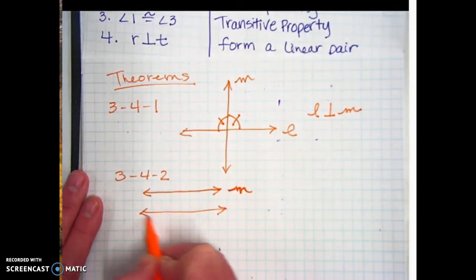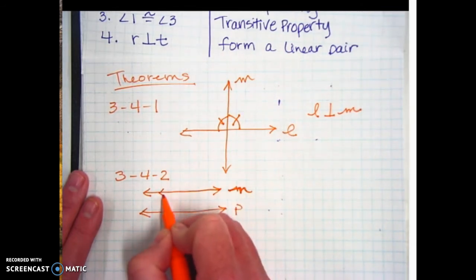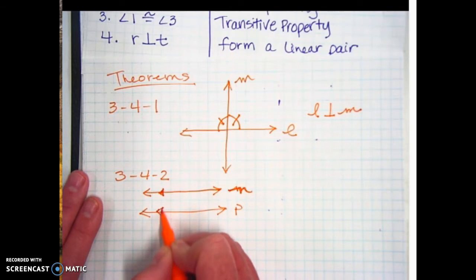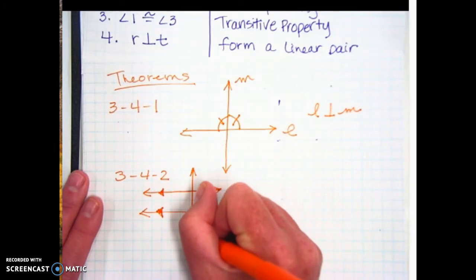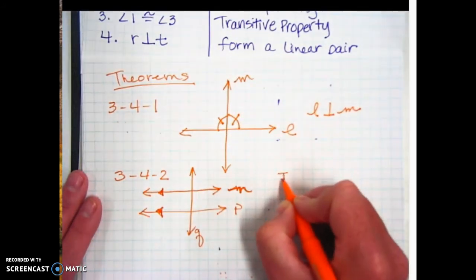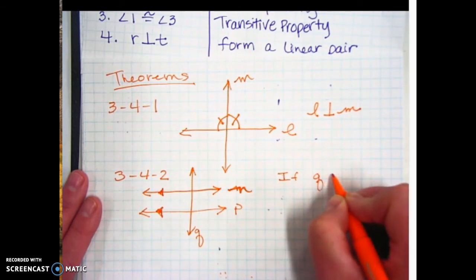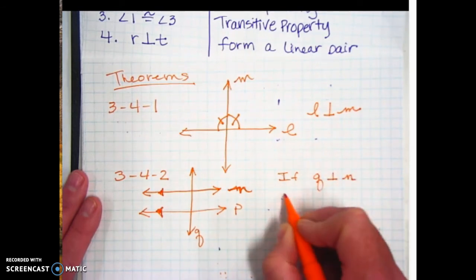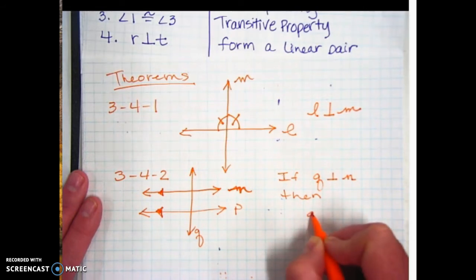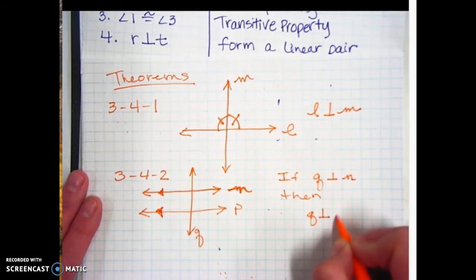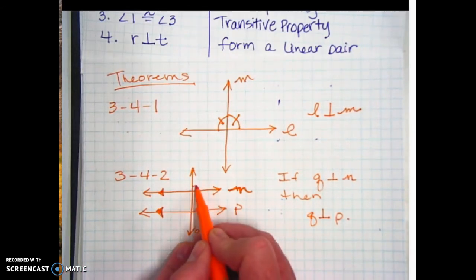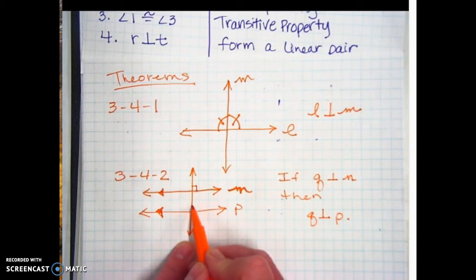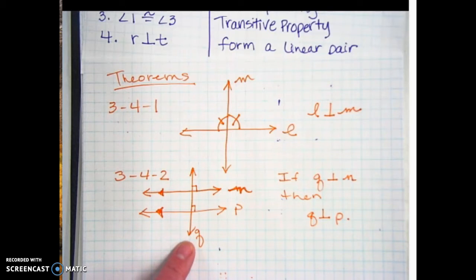And here's line P. These 2 lines are parallel, so I'm going to draw a little caret on each of them. And that third line, Q: this theorem says if Q is perpendicular to N, then Q will also be perpendicular to P. It's perpendicular to one of them, so it's got to be perpendicular to the other.